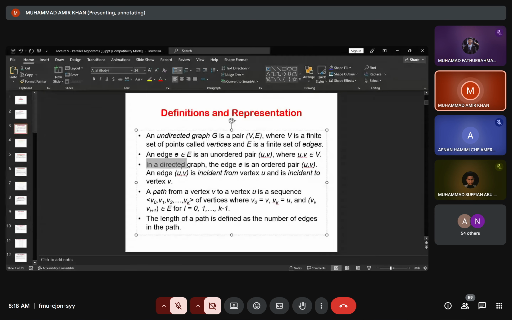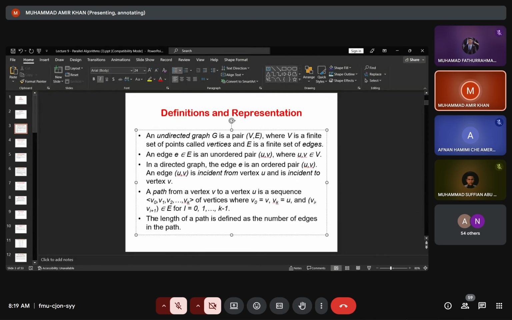And in a directed graph, the edge is an ordered pair U comma V, and edge U comma V is incident from vertex U and is incident to vertex V. We'll see the diagram of directed graph and undirected graph next. A path from vertex U to vertex V is a sequence V0, V1, V2 up to Vk of vertices, where Vk is equal to U. What is an edge?